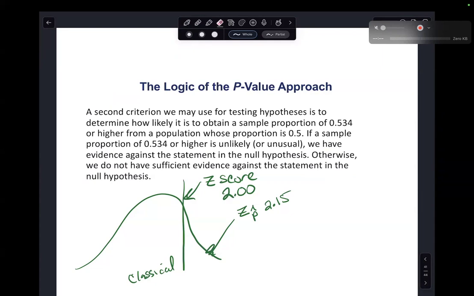It is like an acceptable probability for my sample. It would be acceptable if I had any probability greater than 5%, let's say. So if my p-value is smaller than that, then I'm going to reject the null hypothesis.